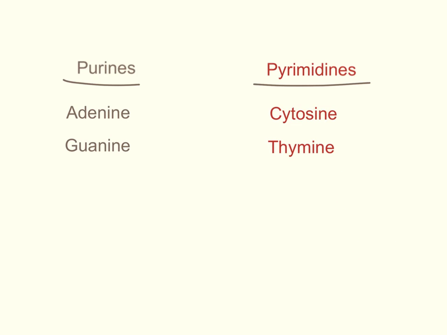One of the easiest ways to remember which ones are which is that the pyrimidines all have a Y in their name, and the purines will not. So we can remember pyrimidines with cytosine and thymine, the purines adenine and guanine.